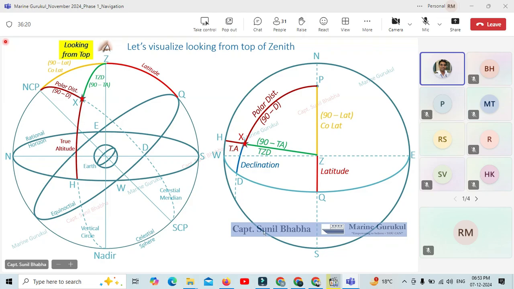Okay, all right. So let me show you a couple of more things in this diagram.